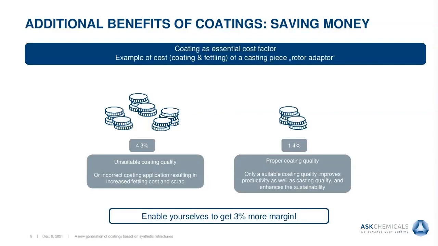If you apply a proper coating quality, you can have much less of these costs. Finally, we estimate that it would be possible for you as a foundry to get at least 3% more margin if you select a good coating instead of any coating.